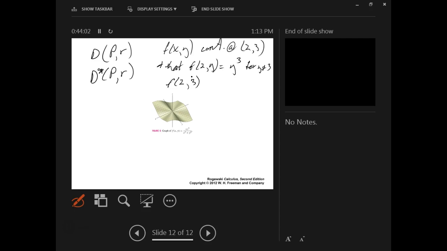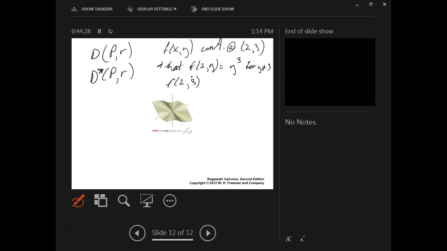Well, if f is continuous at 2, 3, that basically tells you that f of 2, y, if that's the value of it everywhere other than y equal to 3, it must be that same thing. Otherwise, it wouldn't be continuous at 2, 3. So basically, plug it in.